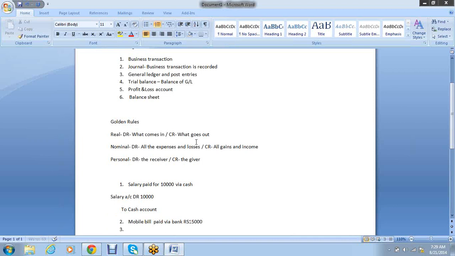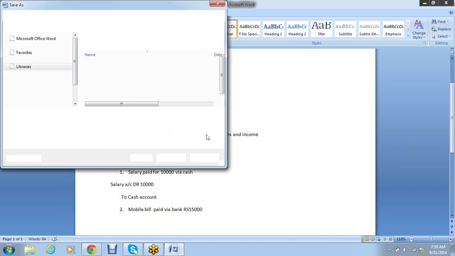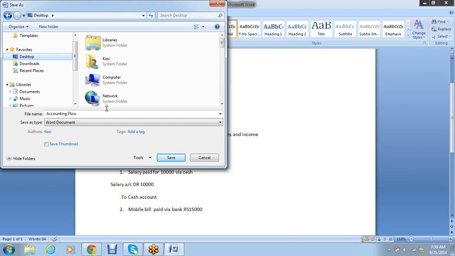What will be the entry? Mobile bill paid via bank. So will this be the individual account, the personal account? The company's mobile bill is paid. For the company, I'm using the mobile. For them, I pay.